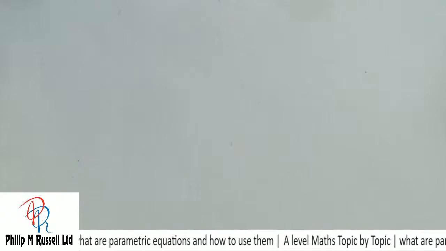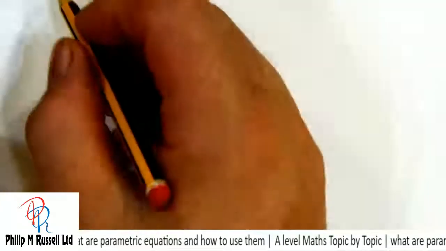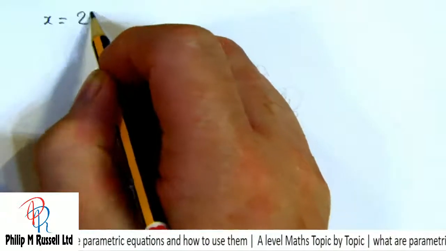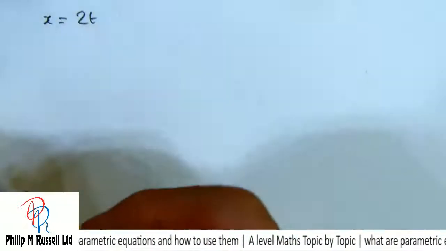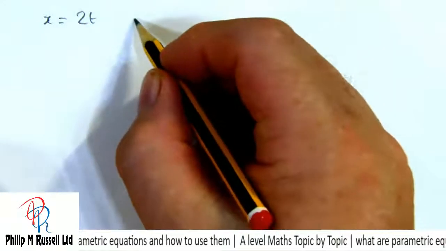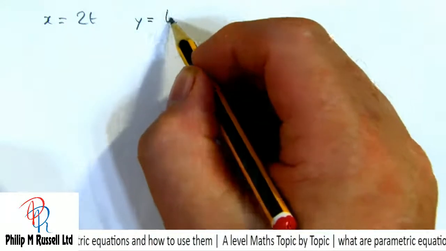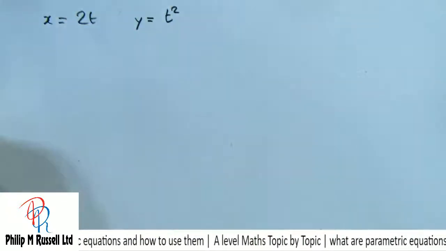So I might have a curve described by something like x equals 2t, and we might have another way of describing it and say y is going to be something like t squared.